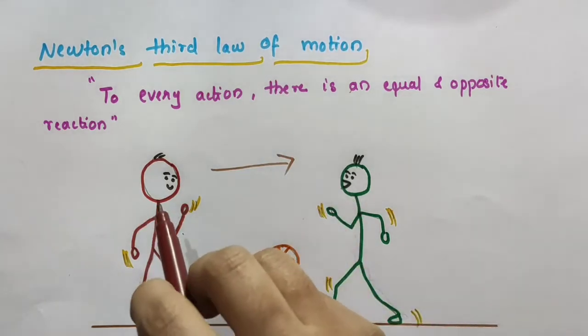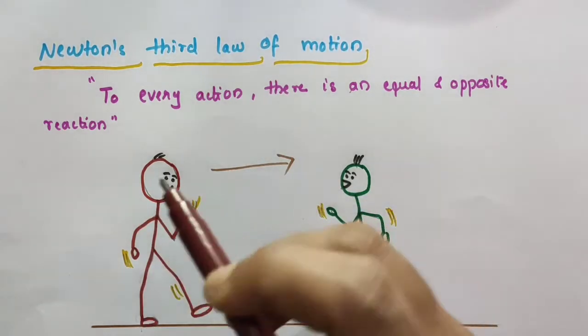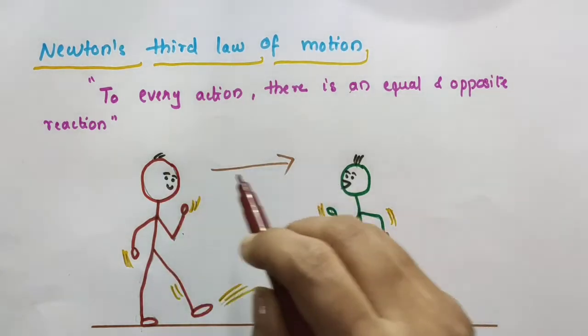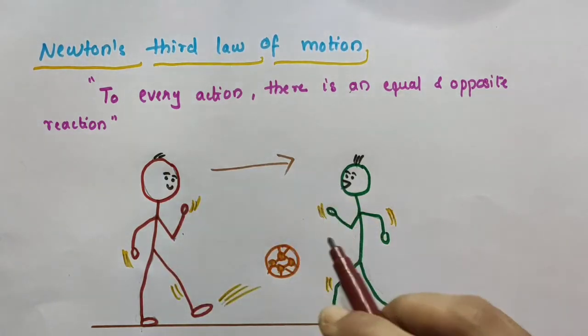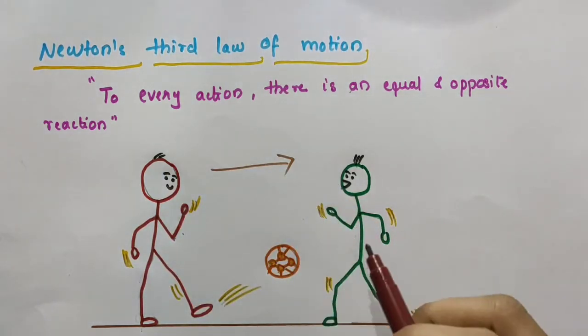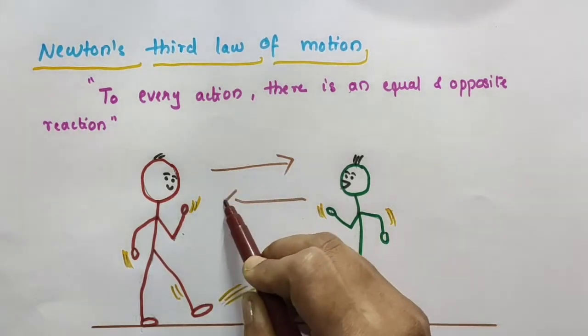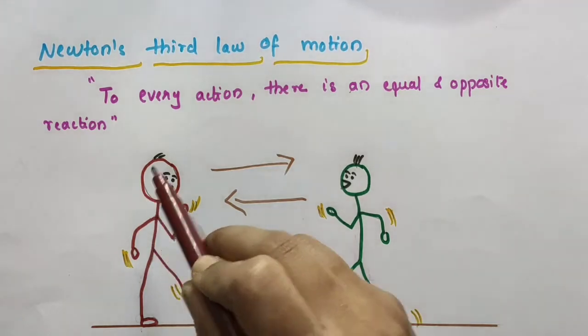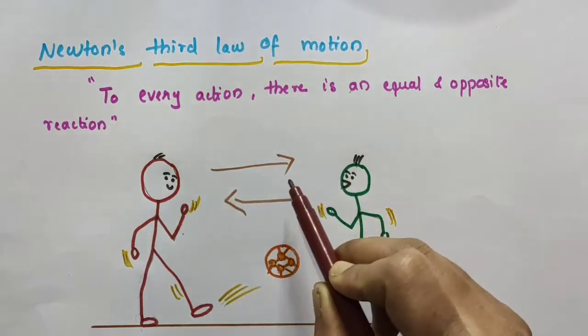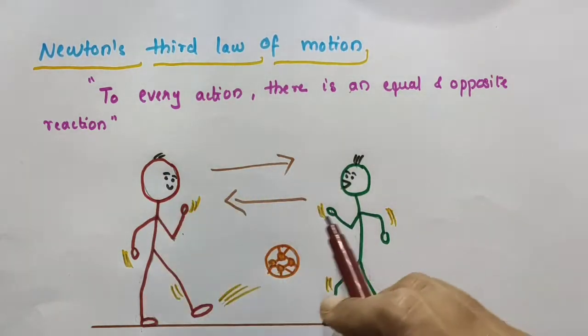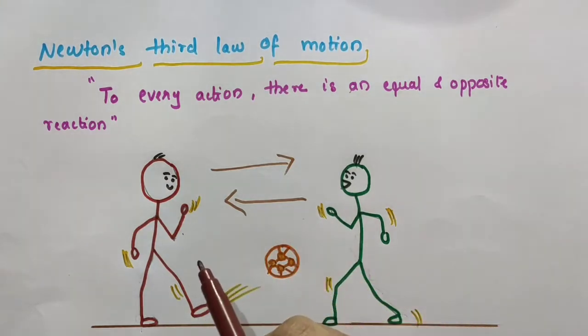Both are colliding with each other. The second player simultaneously, or instantaneously, applies a force on the first player, but in this direction.